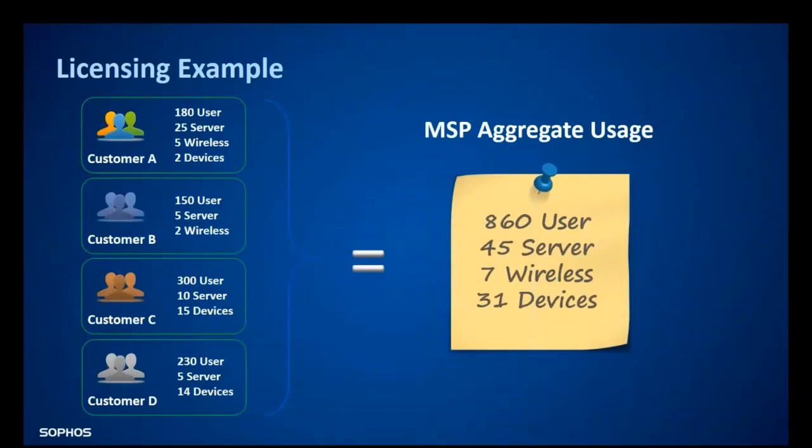So you get 180 users. We aggregate that. And then 25 servers, 5 wireless, etc. And then when we look at your usage as a partner, we will aggregate all of your users into a final number. And this is what we mean here by 860 users, 45 servers, and etc.